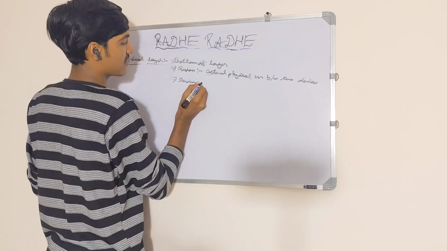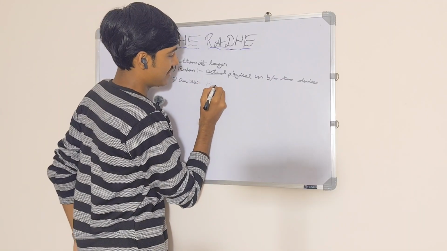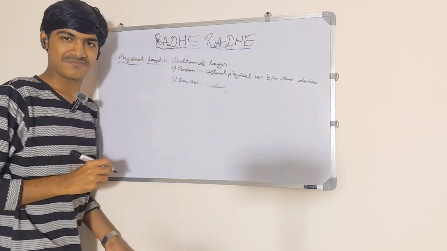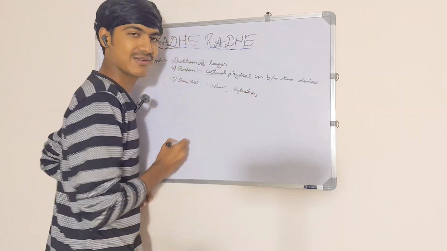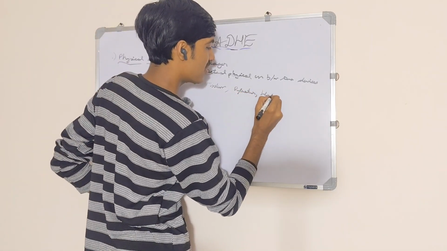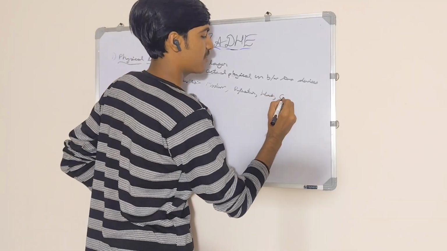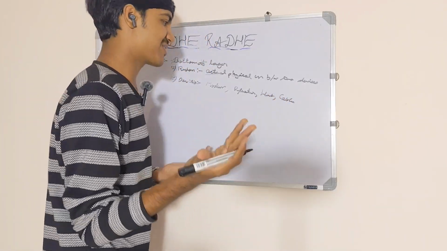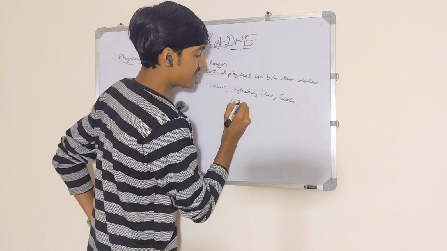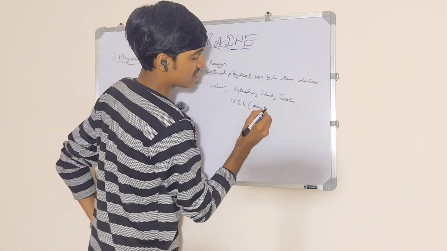What are the devices? Modem, repeater, hub, cables. Cables are not devices, but consider them. NIC, but only partially.